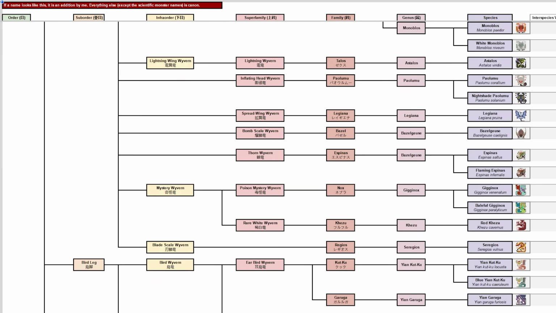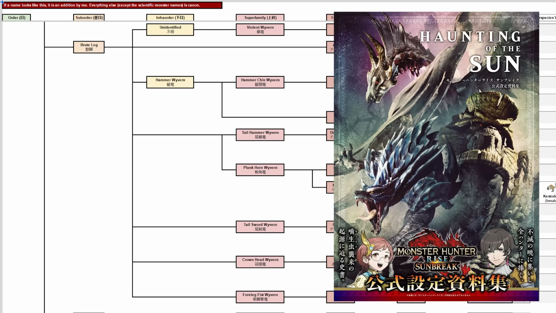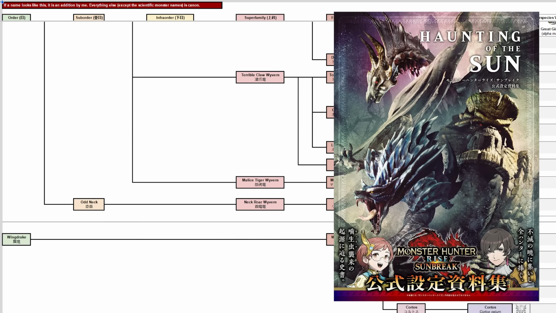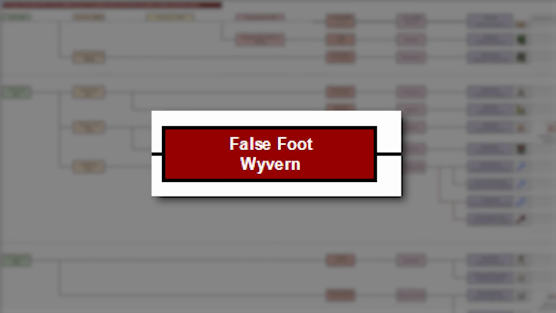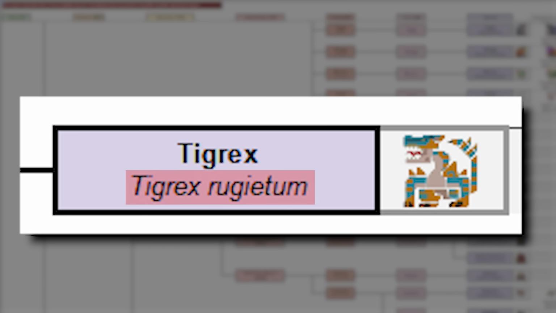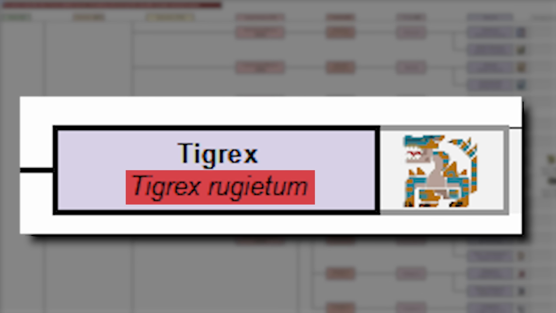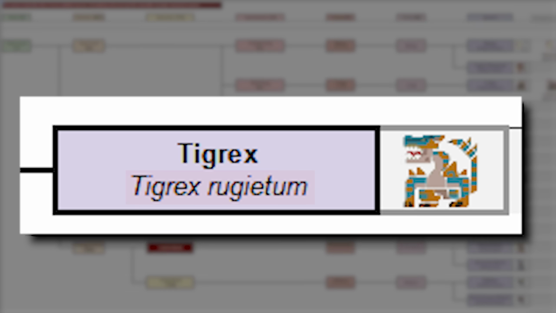So, this tree is essentially identical to the phylogeny found in Haunting of the Sun, Monster Hunter Sunbreak's lore book. The boxes in red are things that I have added. Usually, the official tree simply has a box that says unknown here instead. Besides that, the binomial names for each monster species are entirely made up by me, so if you dislike them, feel free to ignore them.